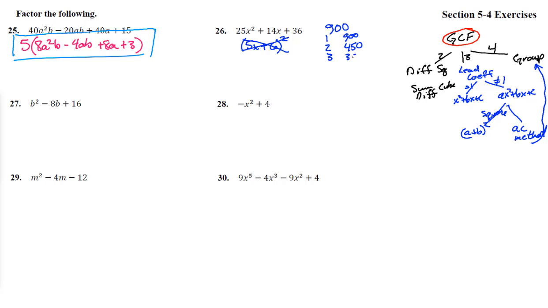Yeah, 3 goes into it 300 times. 4 goes into it 225 times. 5 goes into it 180 times. 6 goes into it 150 times. 7, no. 8, no. 9, yeah, 9 goes into that 100 times. 10 certainly goes into that 90 times.